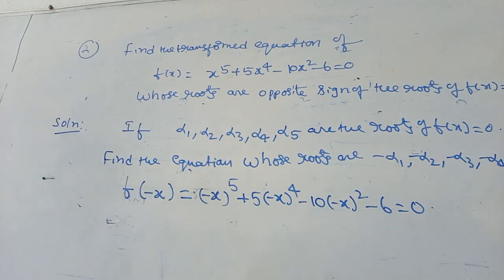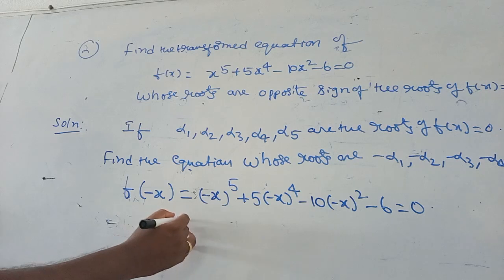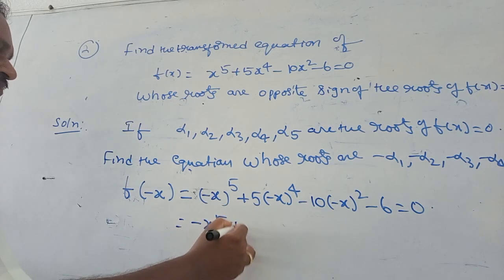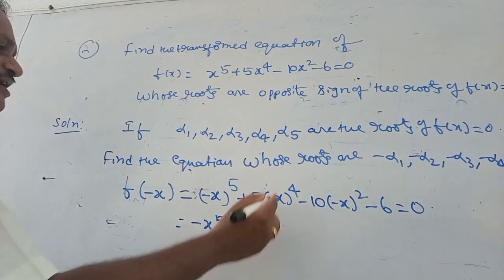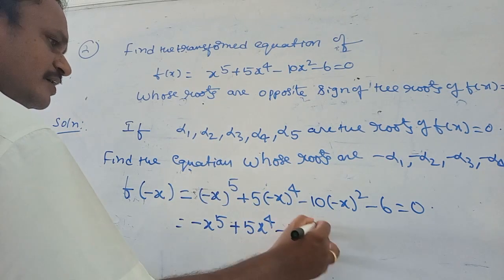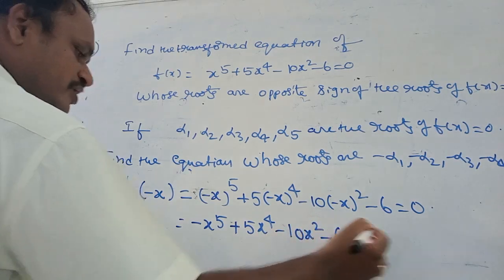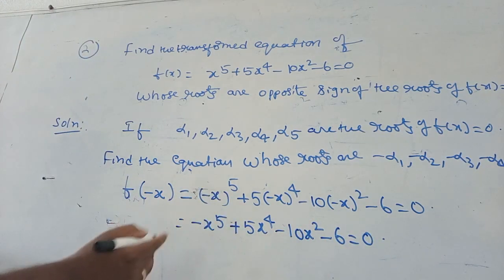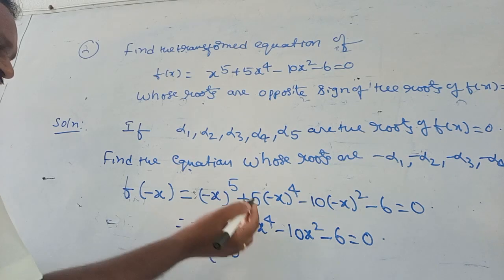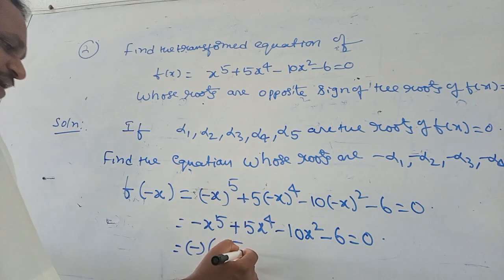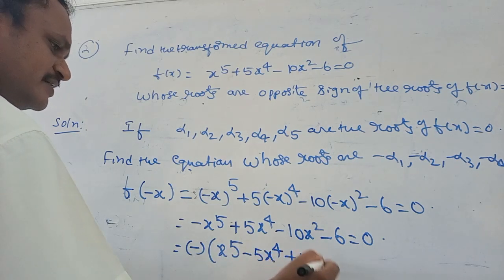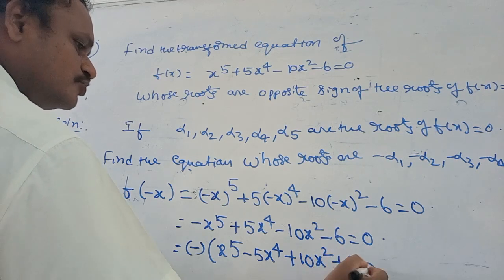If we simplify this, dear students, you will have minus x power 5 plus 5x power 4, because it is even degree, minus 10x square minus 6 is equal to 0. Now taking the minus sign common, you will have x power 5 minus 5x power 4 plus 10x square plus 6 is equal to 0.